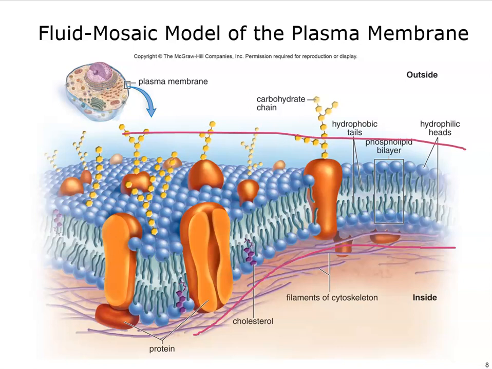It's made mainly of phospholipids, as I told you, and these are the heads, which are hydrophilic, and the inner part is made of tails. It's hydrophobic. And you have some proteins embedded in here, and as well some other molecules such as carbohydrates and cholesterol molecules embedded in the membrane. Again, this is a graphical representation for the plasma membrane.